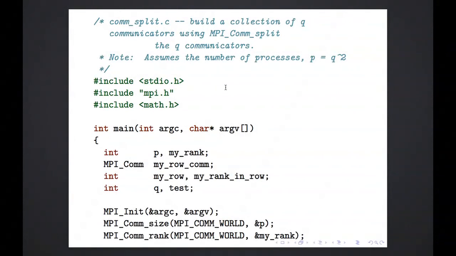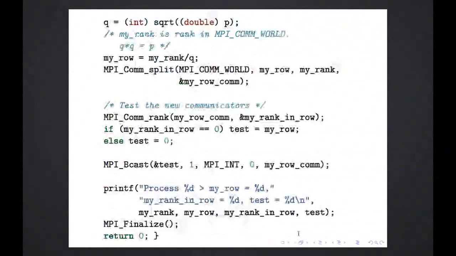So I start off, I declare MPI Comm, which will be my new row communicator. I do the usual initialization. And now all I need to do to create the communicators is identify the row I'm in.